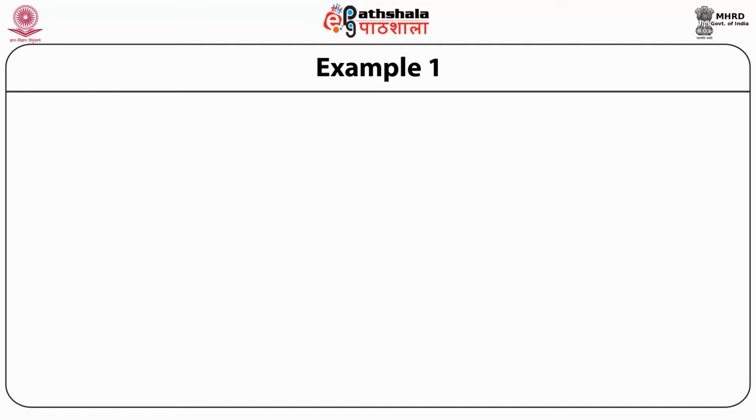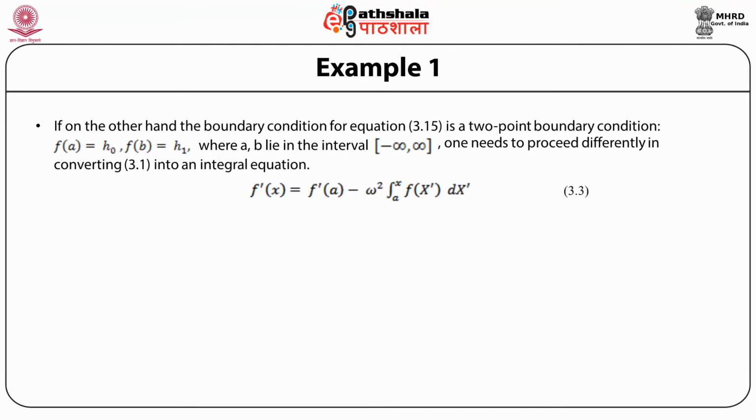Continuing with the conversion of a differential equation into a corresponding integral equation, we consider the example with a different type of boundary condition. If, on the other hand, the boundary condition is a two-point boundary condition, say for example the value of the function at the boundary point a, f(a), is some number h naught, and the value of the function at another point on the boundary b, f(b), is equal to some number h1, where a and b lie in the interval minus infinity to infinity where the equation has been defined, then one needs to proceed differently in converting the differential equation of the oscillator, namely d2f/dx2 plus omega squared f(x) equal to 0.